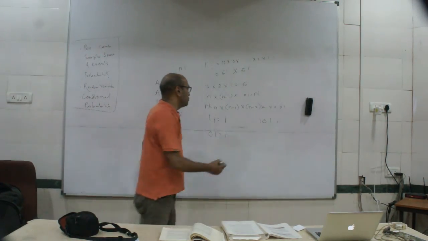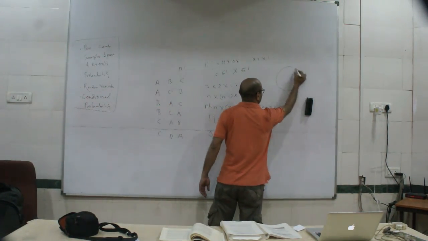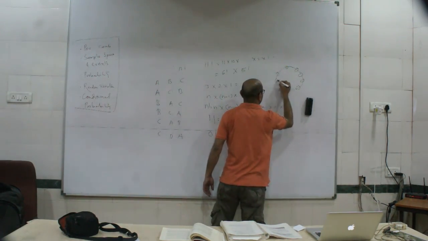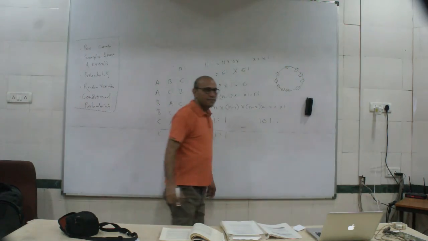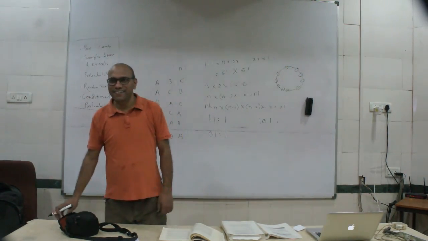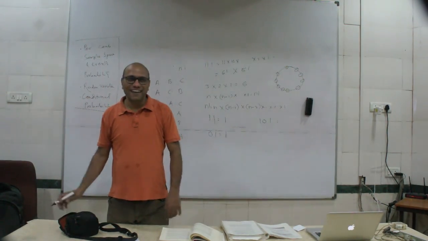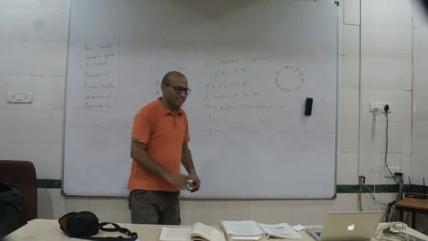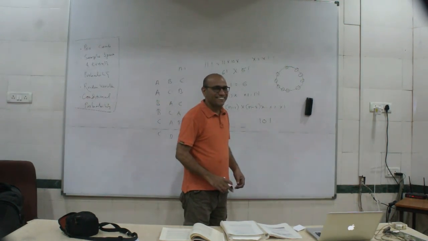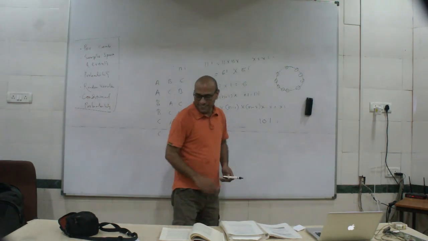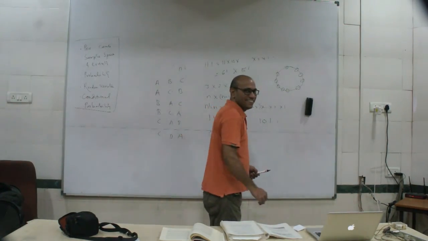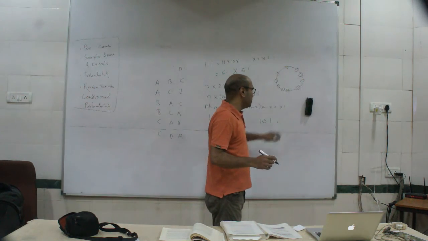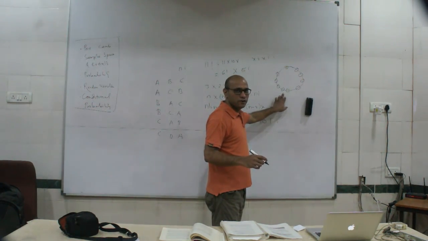But suppose they are sitting in a circle. 1, 2, 3, 4, 5, 6, 7, 8, 9, 10. Then how many orders would exist? Think about this. The interesting part is, suppose this person is sitting here.